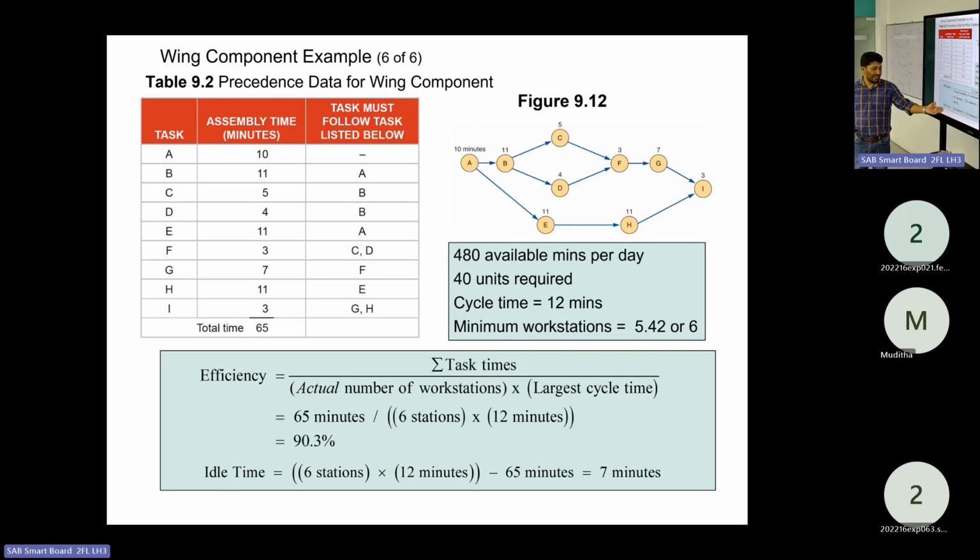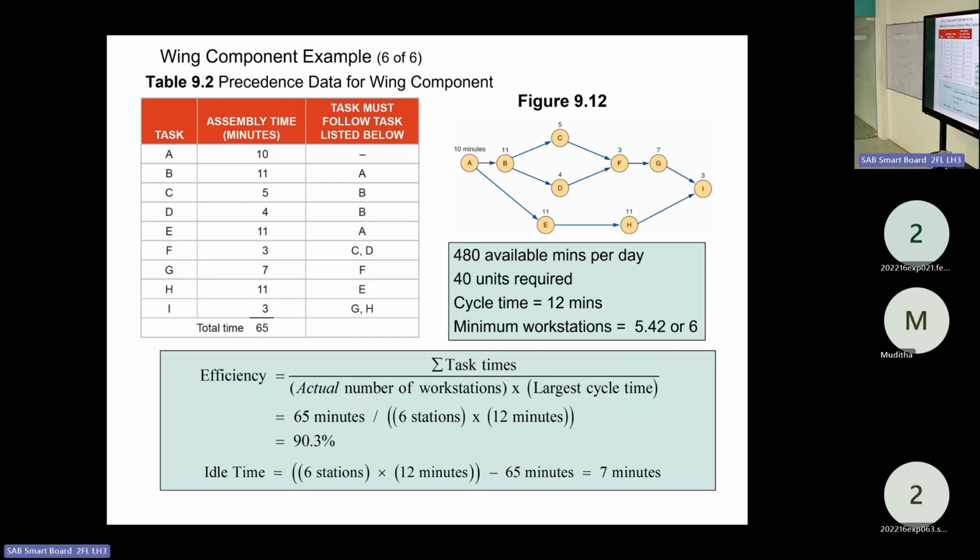And when calculating the total idle time of the solution, which equals 7 minutes, when we add all idle times, that can be calculated indirectly using 6 actual workstations times 12 minutes minus the flow time. That indicates a relatively better answer as well. There won't be any other way to improve it.